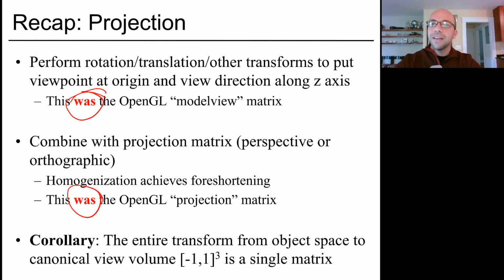So in particular, a typical thing to do is to actually store two matrices during rasterization. One is called the model view matrix, and the other is called the projection matrix. The model view matrix is doing all of the transformations you need to your 3D geometry to put it in the right place in your 3D scene.